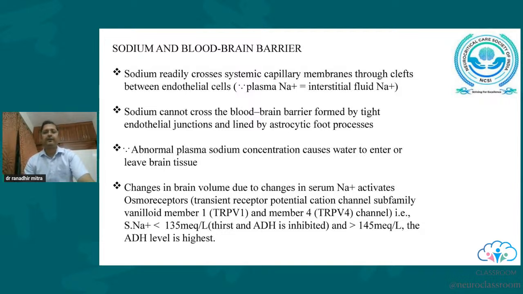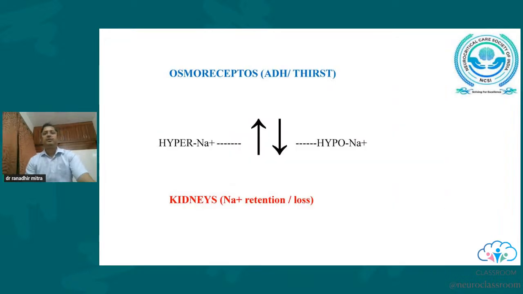And when it is more than 145, ADH secretion is at the highest level. So this is about osmoreceptors. Water imbalance or disturbances in sodium are regulated both at the level of the brain osmoreceptors and at the kidney through various co-transporters, antiports, and aquaporin channels.